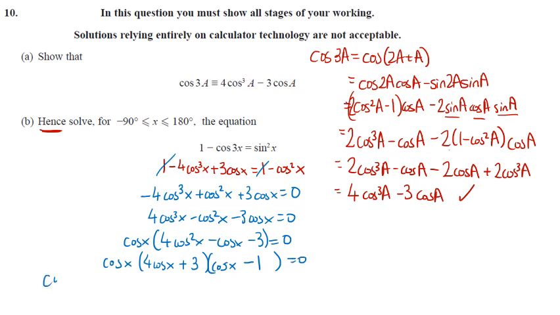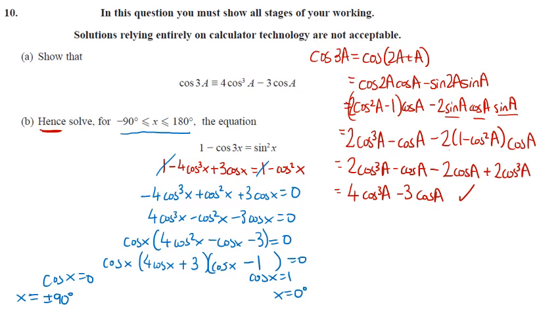So we've either got cos x equals 0, so in the given interval, that must mean that x is equal to plus or minus 90. Or we've got cos x equals 1, so that just gives x equals 0 degrees.